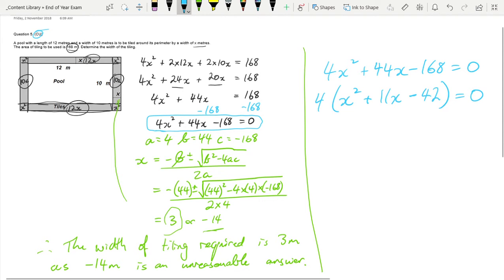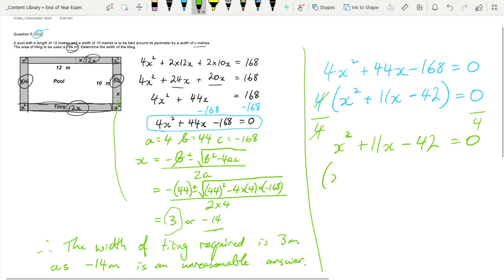From there you can divide both sides by 4. 4 divided by 4 is 1, so the 4 cancels out, and on the other side 0 divided by 4 is still 0. That simplifies this, leaving us with x squared plus 11x minus 42 equal to 0.